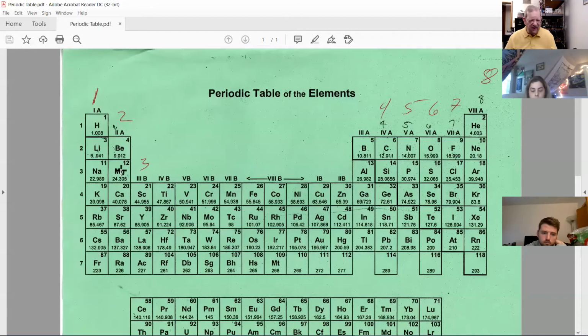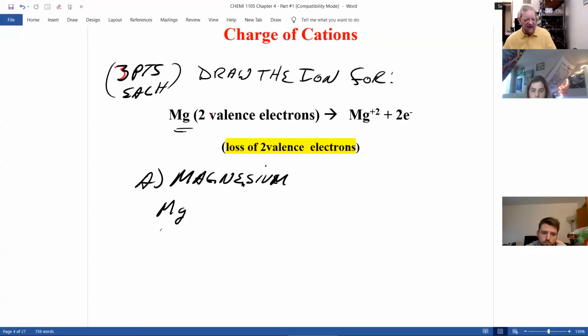And magnesium, if you notice here, has 12 electrons, 12 protons. So I'm going to put that down in my paper. So magnesium has 12 electrons and 12 protons. Now, it wants to have the same number of electrons as the nearest noble gas.